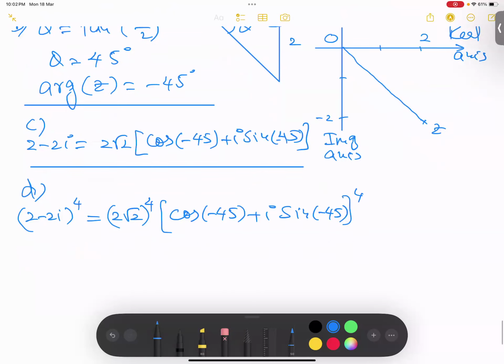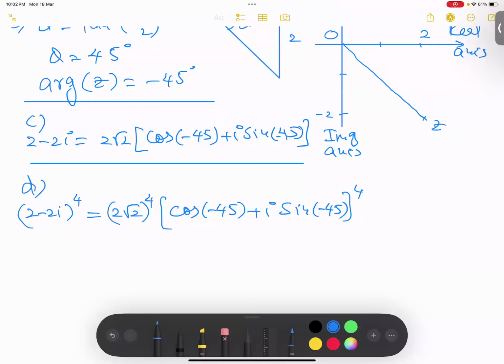Now if you type in the calculator very carefully, this is outside 2 root 2, and power 4 gives you 64. So this is 64 outside, but cos is root 2 by 2, and this is giving us negative root 2 by 2 iota.